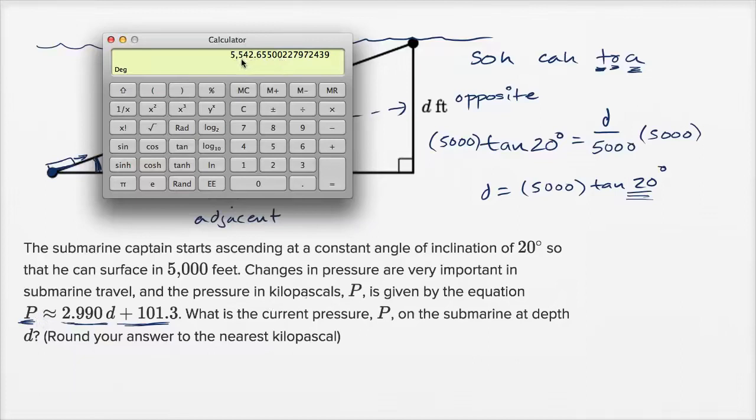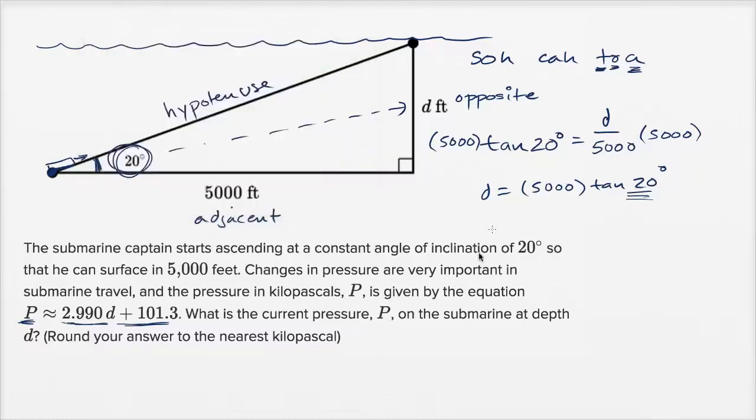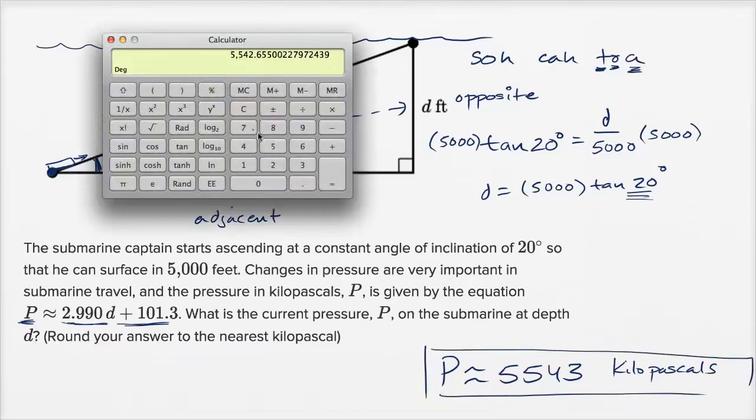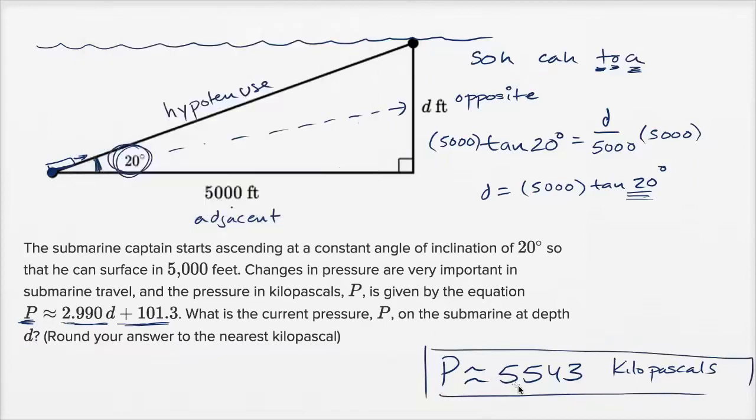I'm going to round up because I have a 0.6 here. So P is approximately 5,543 kilopascals, based on the information that they gave us. Put a comma there, not a decimal, a comma. There you go.